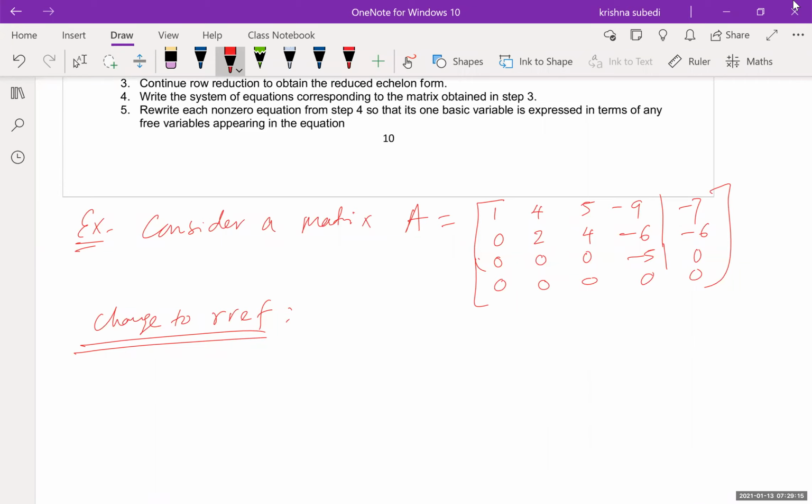Now, in order for this to change into RREF form, first always change into echelon form.